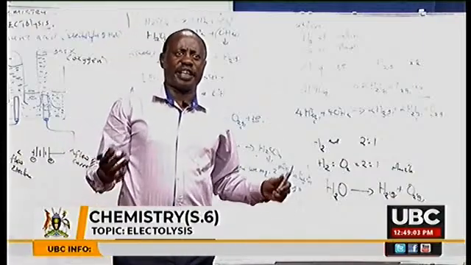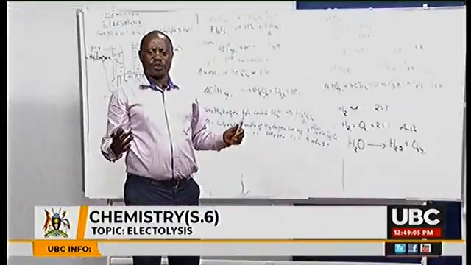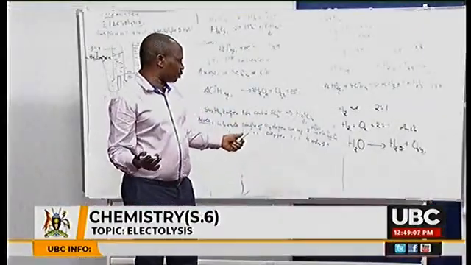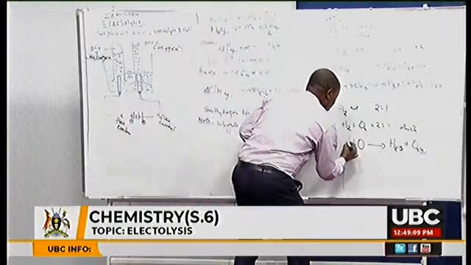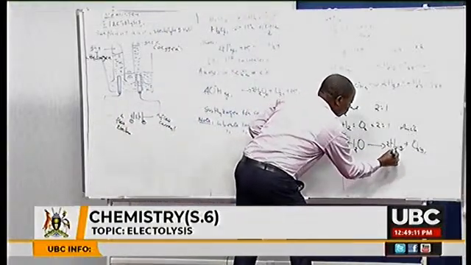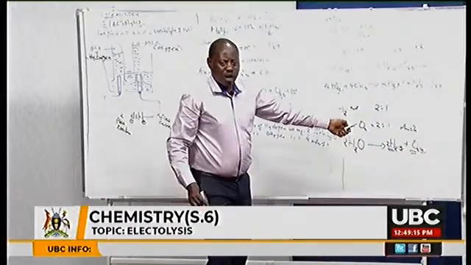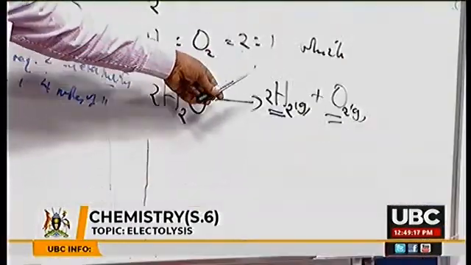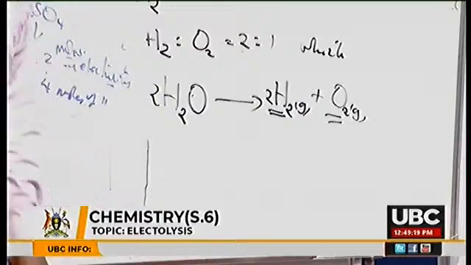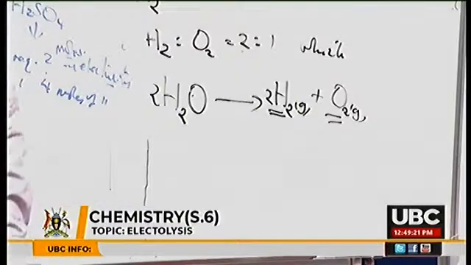Hydrogen and oxygen exist as diatomic molecules. But when you balance this one, you put here 2, and here 2, which is 2:1, equivalent to the moles of hydrogen and oxygen produced when you electrolyze dilute sulfuric acid.